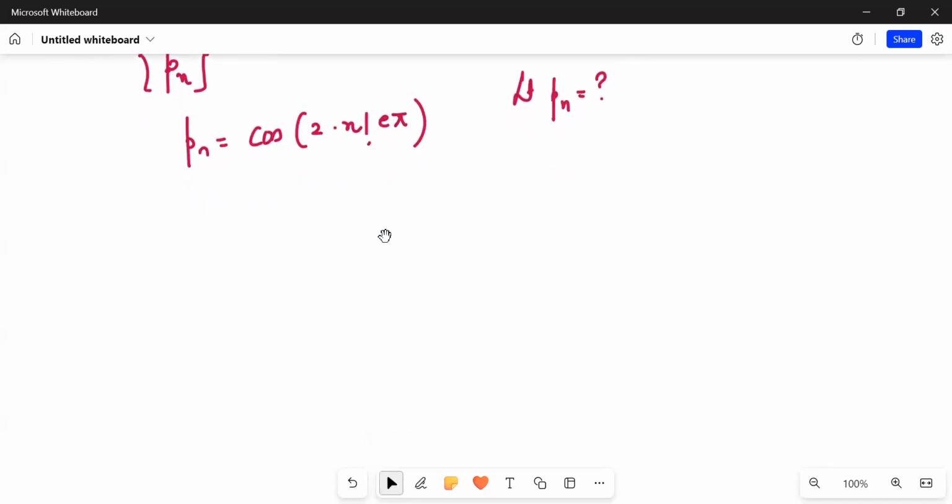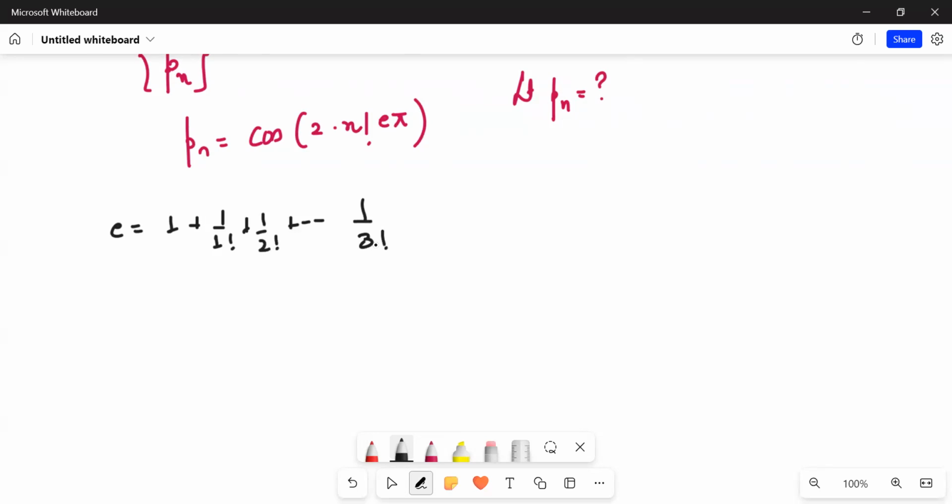Okay, now just think: if you don't remember what I have done and want to do it in an easier fashion, I know what e is. e is equal to 1 plus 1 upon 1 factorial plus 1 upon 2 factorial and so on up to 1 upon n factorial, plus 1 upon n plus 1 factorial plus 1 upon n plus 2 factorial, and it will continue.